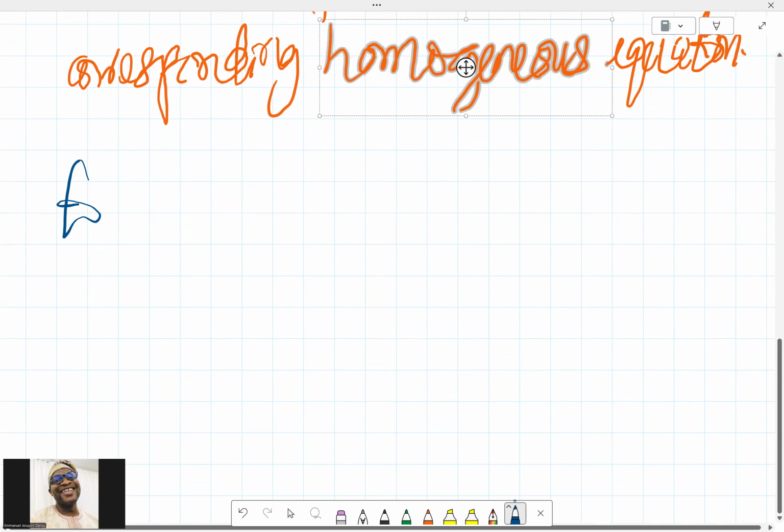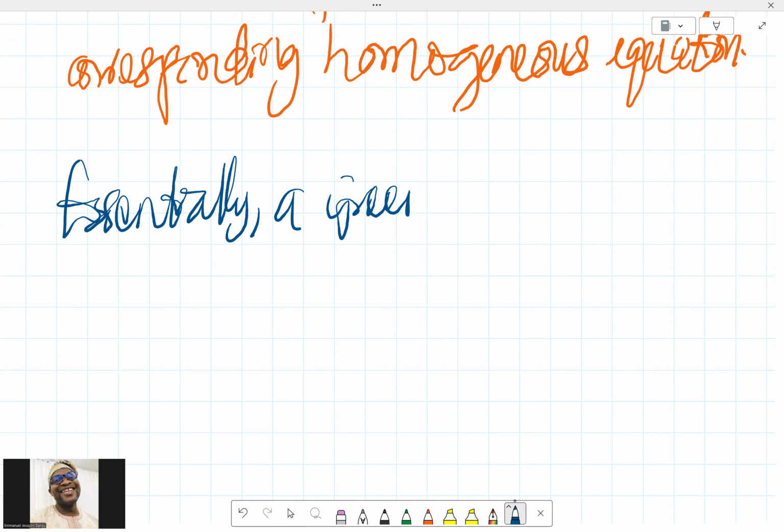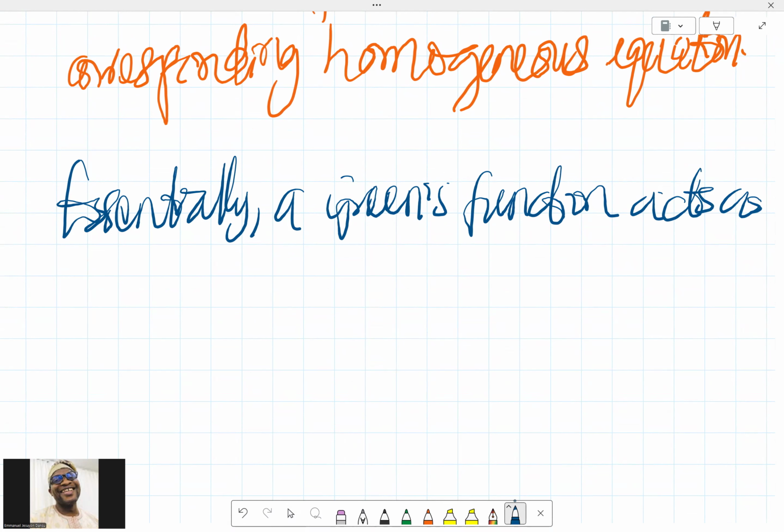Okay, essentially, a Green's function acts as a fundamental solution. Yeah, I think that was where we mentioned it for the first time.